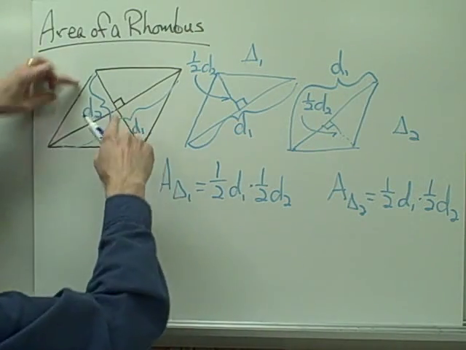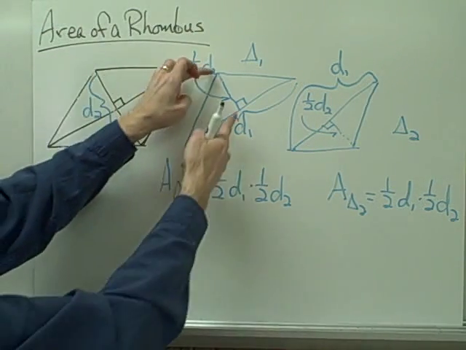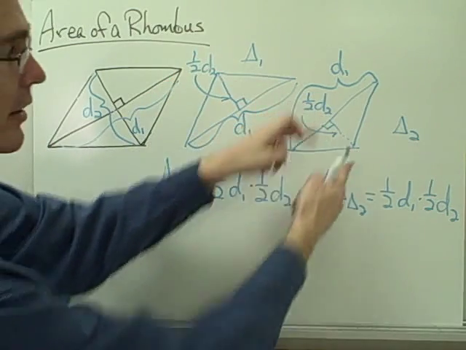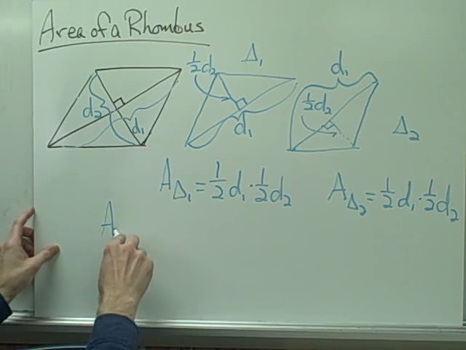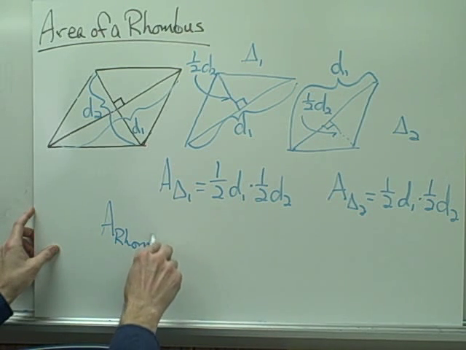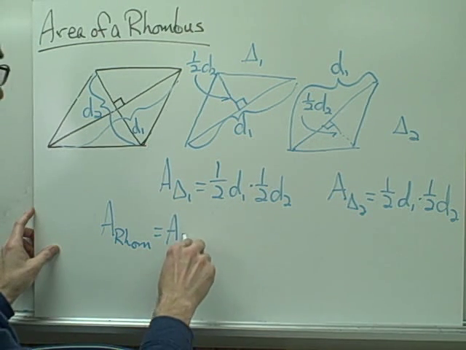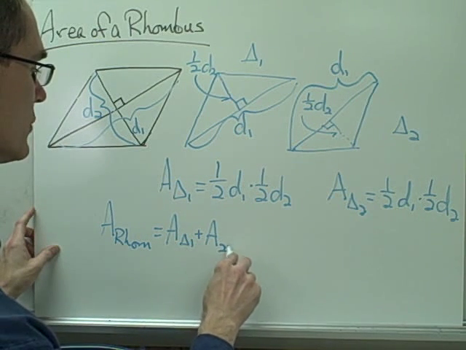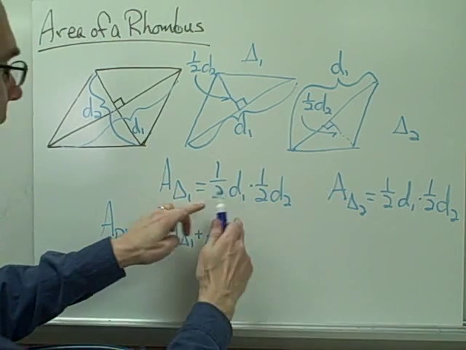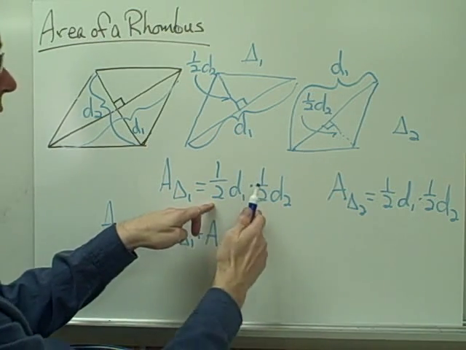The area of my rhombus is just the sum of these two areas, these two triangles. So area of rhombus equals area triangle 1 plus area triangle 2, which is, and let me go ahead and multiply my two 1/2s together just to get one number.